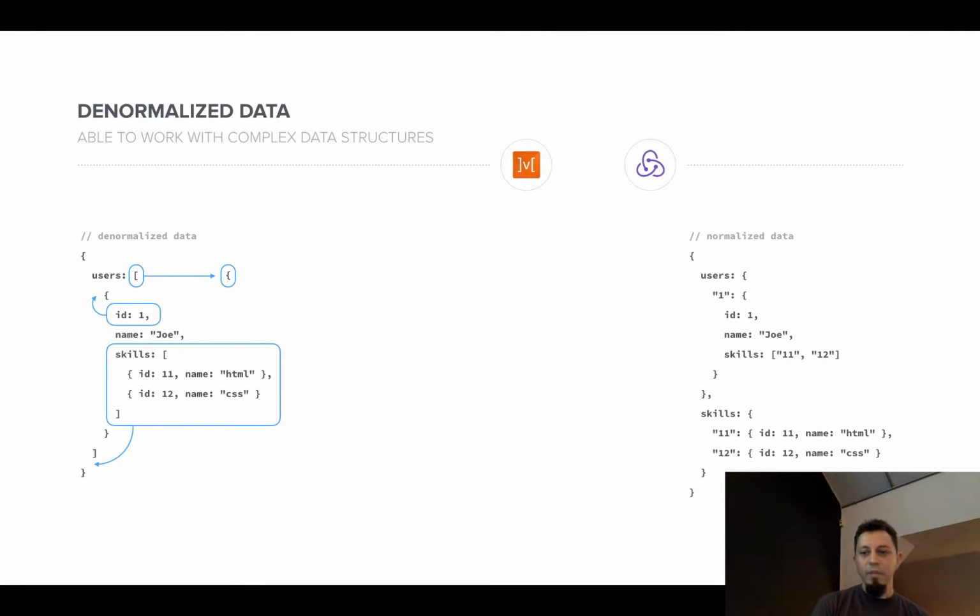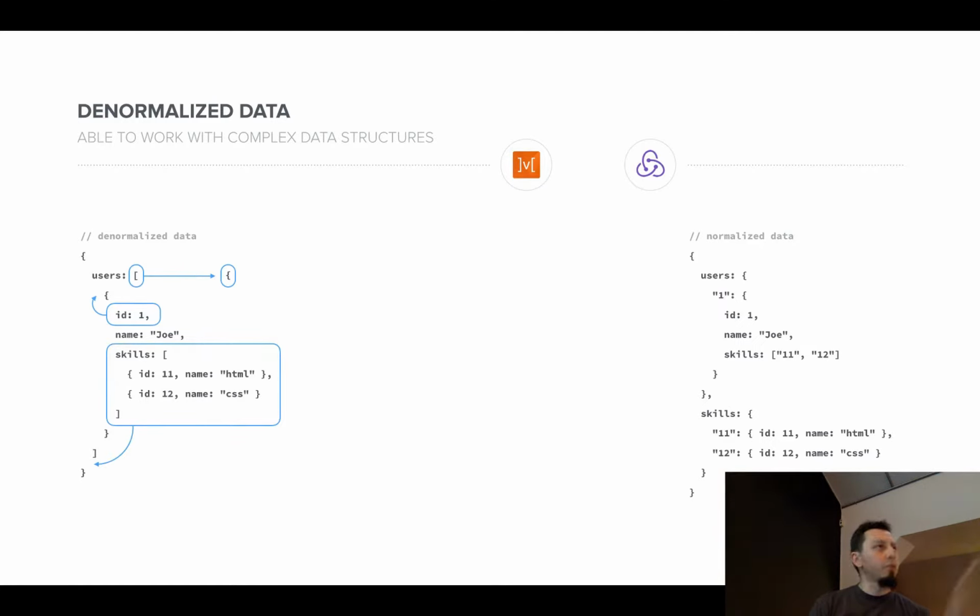It will look something like this. As you can see, users is not an array anymore. It's an object, and the property is the ID, basically to uniquely identify those items. And the skills array only contains the identifiers, and the data is defined at the same level as users.